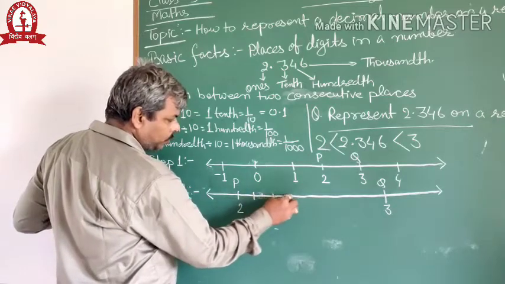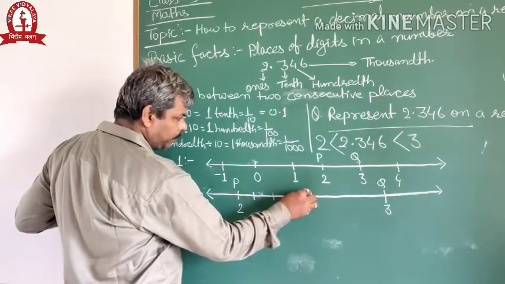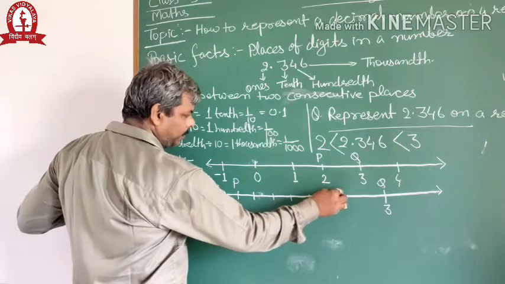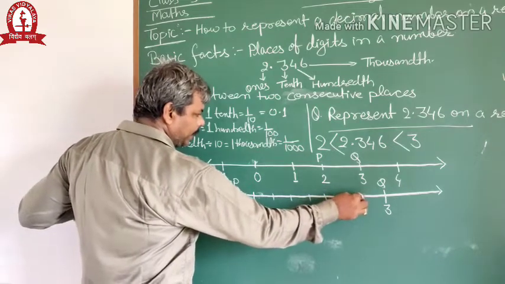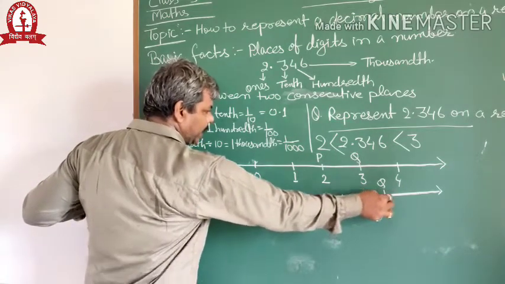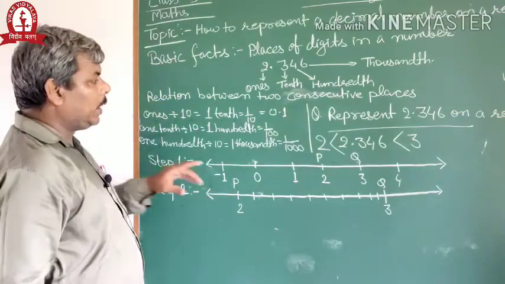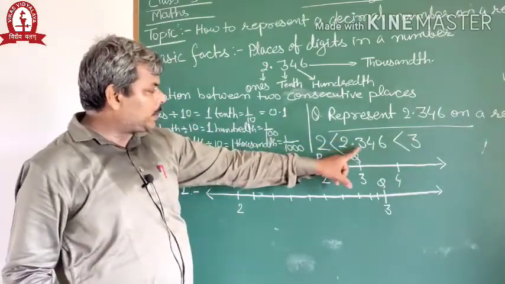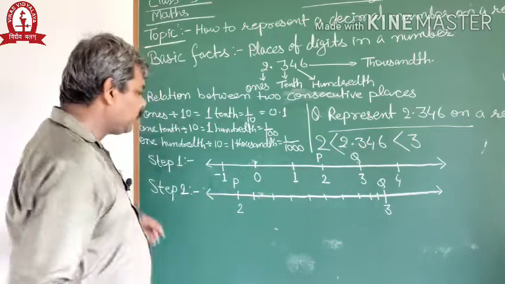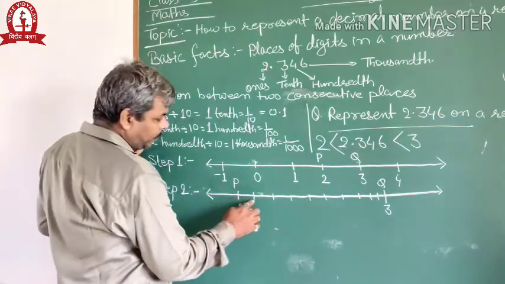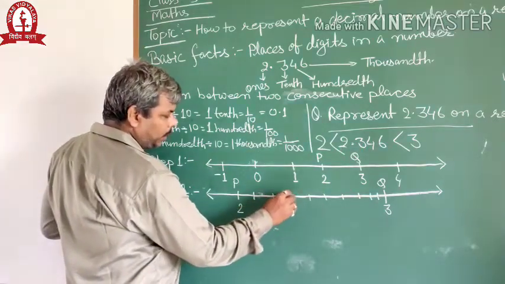1, 2, 3, 4, 5, 6, 7, 8, 9 and 10th. And the digit at 10th place is 3, so count 1, 2, 3.